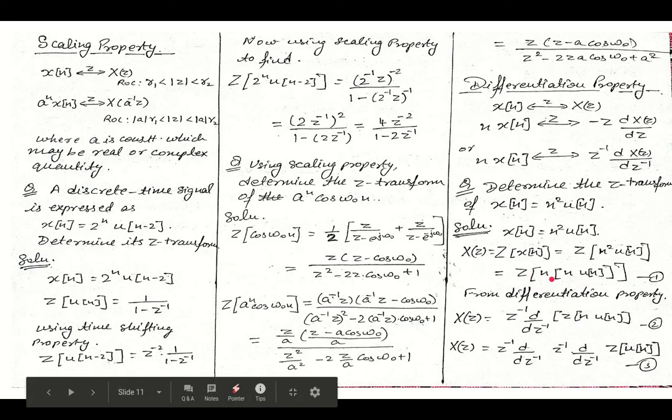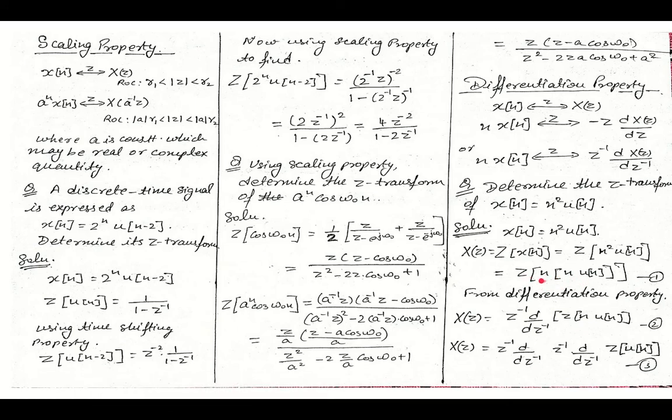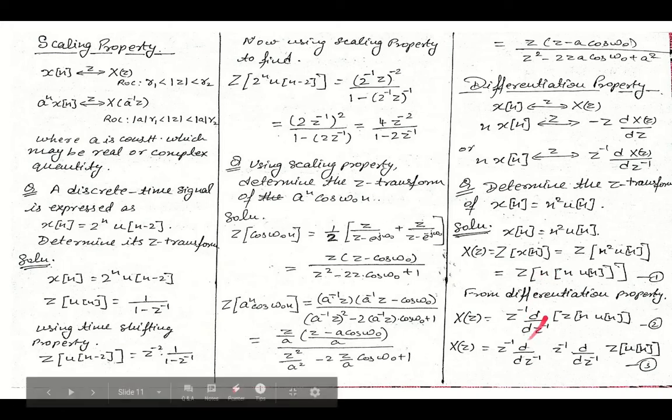Now I have taken this z transform inside. Firstly we had this differentiation for the first n, and then I have taken the z transform inside. Again this z transform is of n un, so we can utilize this differentiation property again, and this will be equal to z inverse d upon dz inverse of z transform of un.